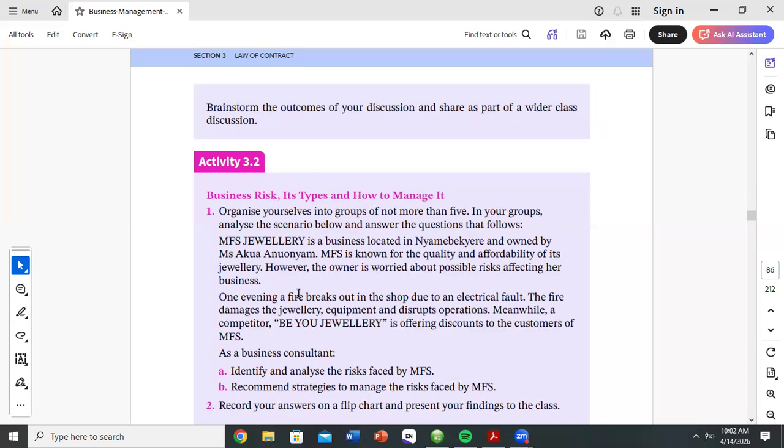However, the owner is worried about possible risks affecting her business. One evening, a fire breaks out in the shop due to an electrical fault. The fire damages the jewelry, equipment, and disrupts operations. Meanwhile, a competitor, BU Jewelry, is offering discounts to the customers of MFS. Okay. As a business consultant.